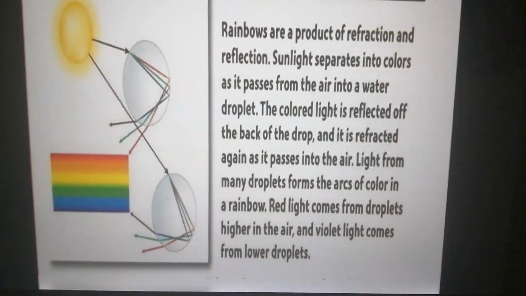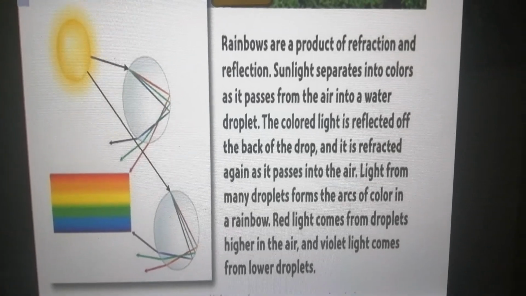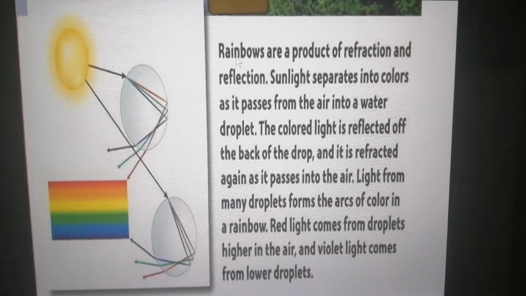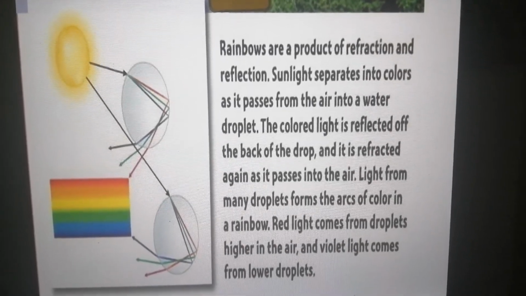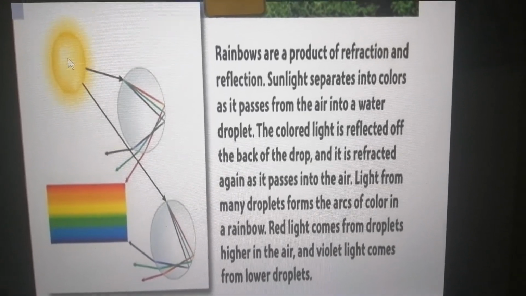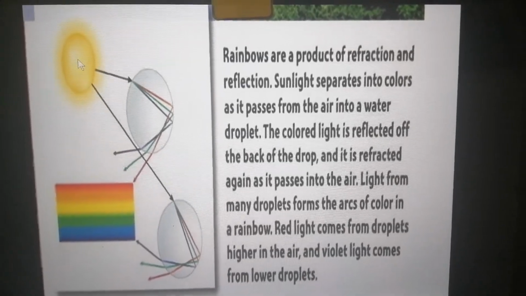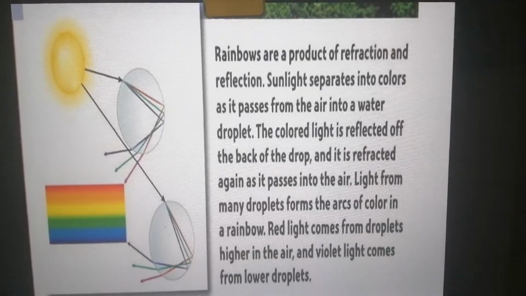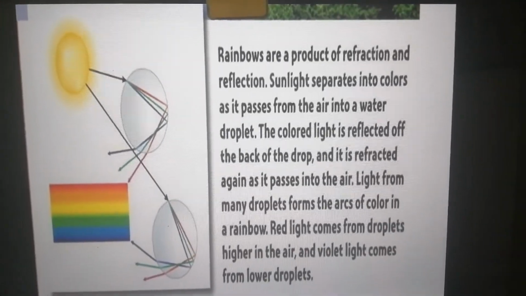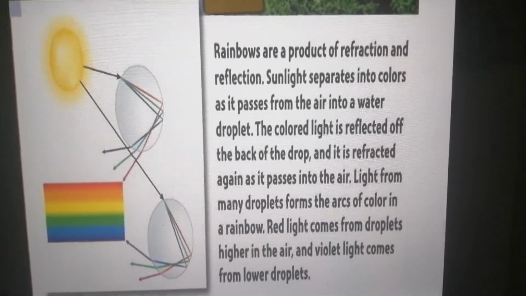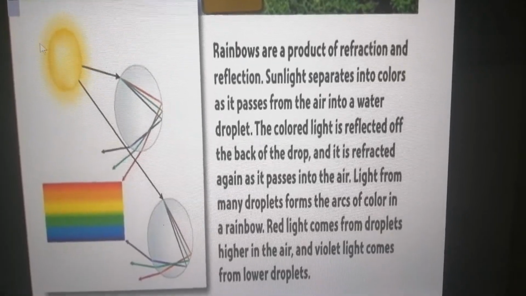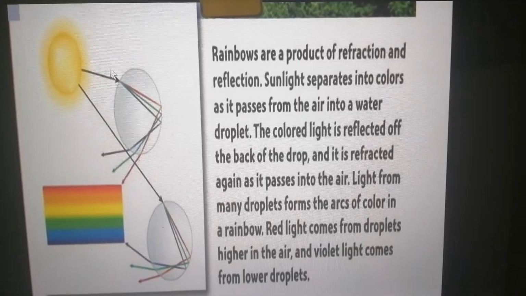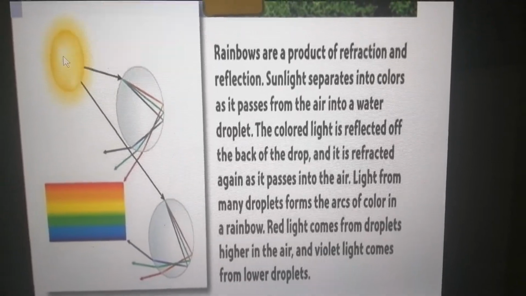We have here an example of diffraction: the rainbow. How does the rainbow occur? We all know that we can see the rainbow together with the rain. After it rains, or while it's raining, there are water droplets and there is sun.